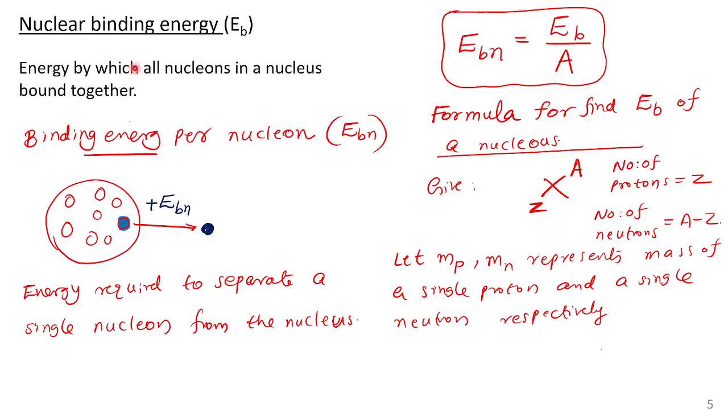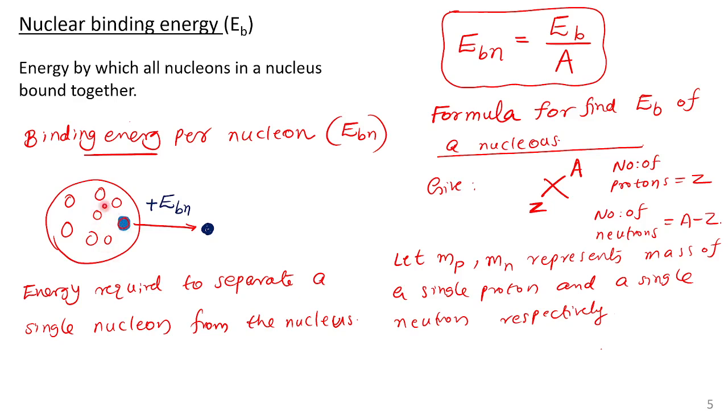Now the other thing is binding energy per nucleon. It's very simple. Binding energy per nucleon means the energy by which a single nucleon is bound by the other nucleons.